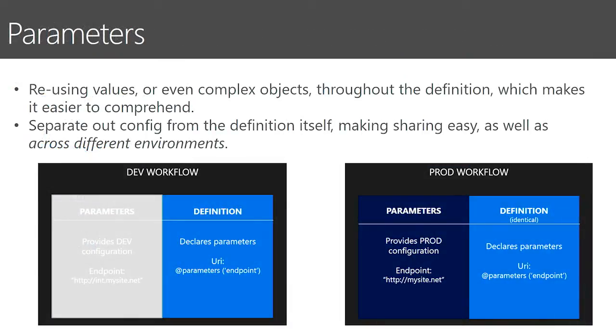Parameters allow you to reuse values easily within your workflow, and it also allows you to abstract values that need to change across environments. For example, you could have your workflow definition with a parameter pointing at your dev environment, and you can deploy the same definition without any changes and just an update to the parameter which points at your prod environment. This allows you to quickly replicate different environments using Logic Apps.